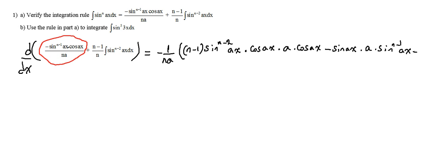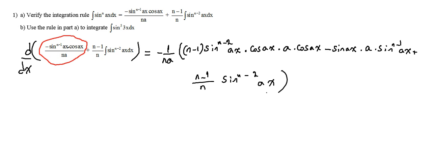Plus, let me continue down, plus the derivative of n minus 1 over n integral of sine n minus 2 ax dx. We leave n minus 1 over n because it is constant. The derivative of the integral of sine power n minus 2 is sine power n minus 2 ax, right?